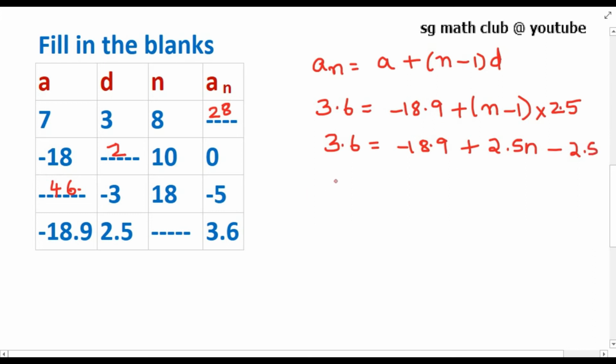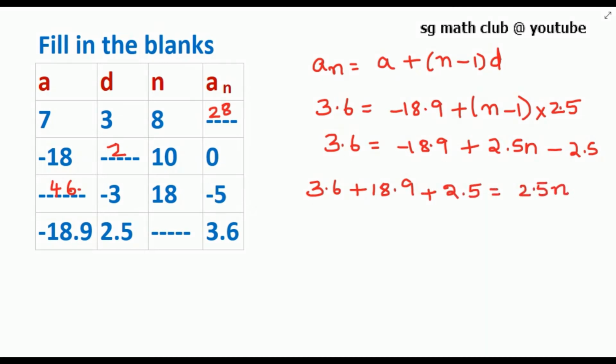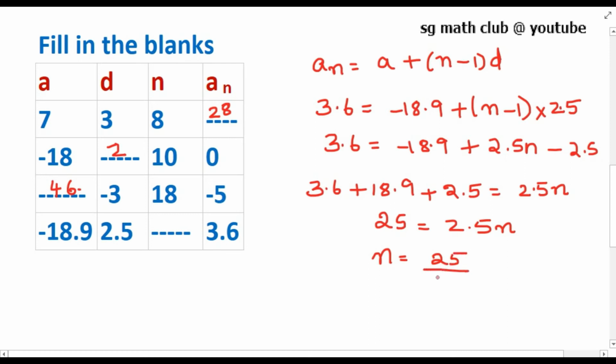This 3.6 equal to minus 18.9 plus 2.5n minus 2.5. Now we need to simplify this. So 3.6 plus 18.9 plus 2.5 equal to 2.5n. When you add this, you will get 25 equal to 2.5n, and n equal to 25 divided by 2.5.